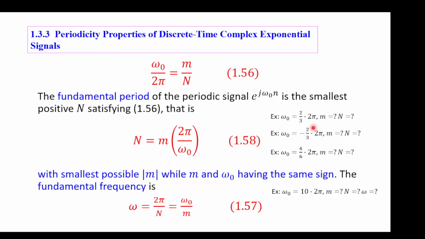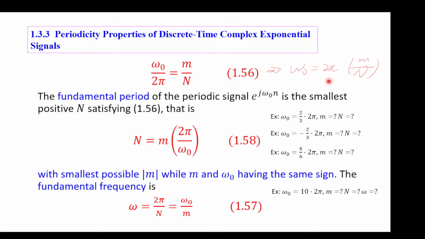Okay, so let's see some examples to get an idea of this equation. As we say, we want omega naught divided by 2 pi to be some rational number. So omega naught is basically some rational number times 2 pi. Okay, I should type it here. So by this equation, another form is omega naught equals 2 pi times some rational number, m divided by N. Let's say our omega naught has different values.